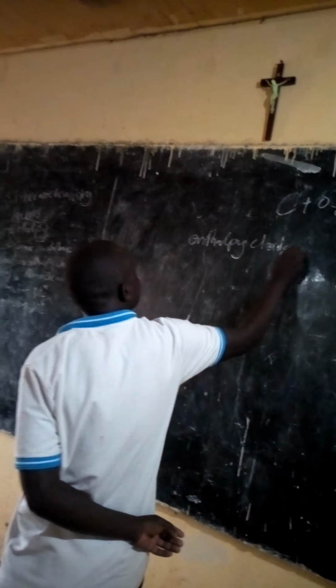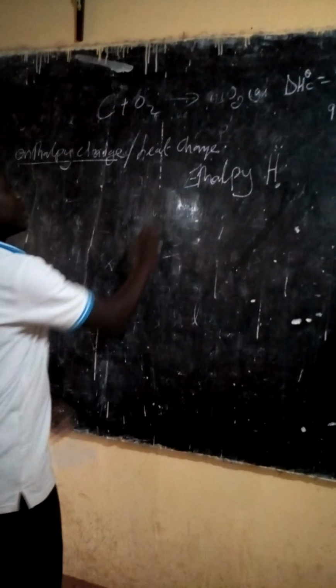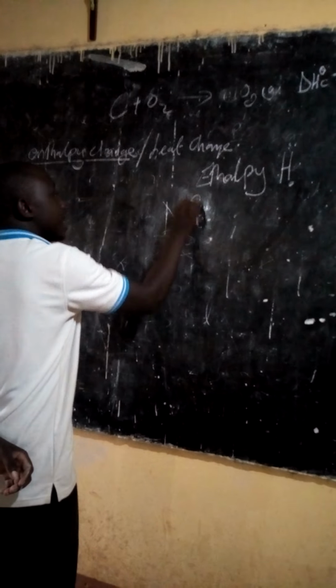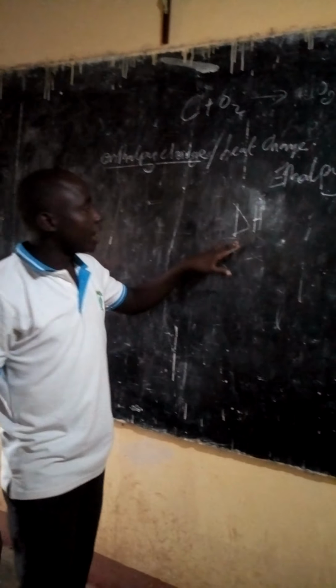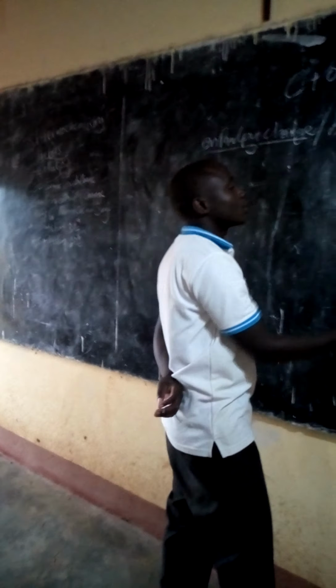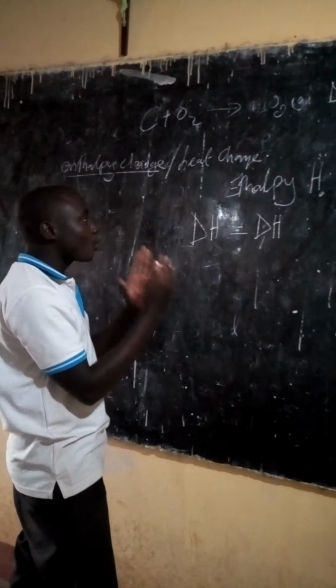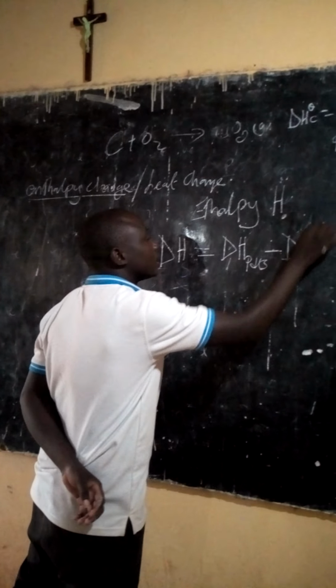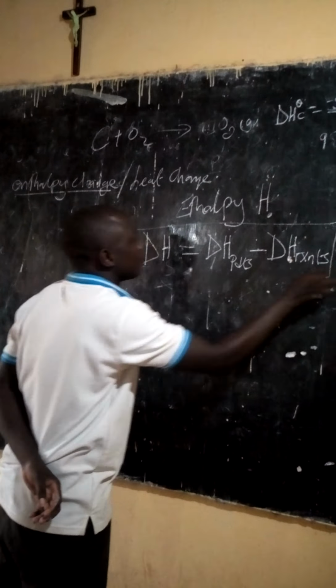If enthalpy is abbreviated with H, and you want to know the enthalpy change, dH, it equals the enthalpy or heat content of products minus the heat content of reactants. What you get becomes the enthalpy change.